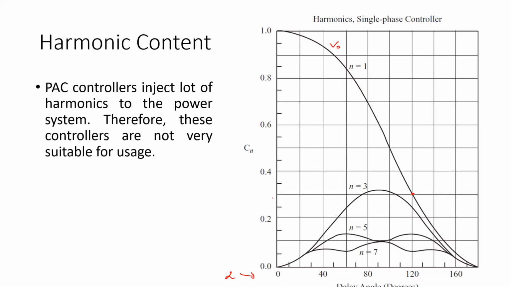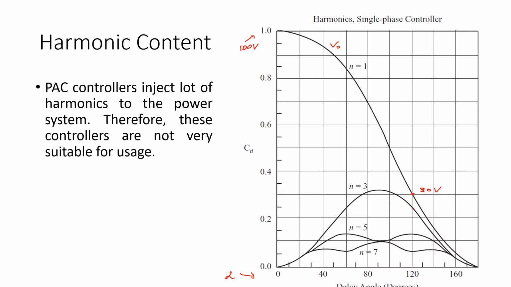If this is the normalized voltage, let's say 1.0 accounts for 100 volts. So if the supplied voltage is 100 volts and your firing angle is 120 degrees, your output voltage will be somewhere around 30 volts.